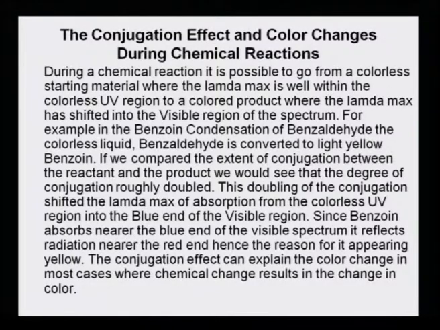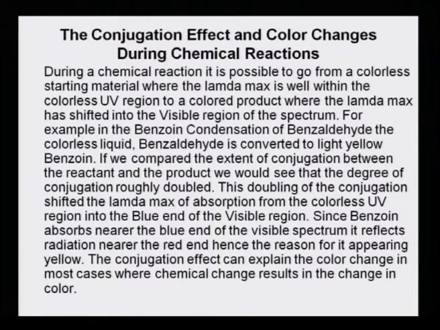Conjugation effect and color changes during chemical reaction. It is the beauty that both visible as well as UV regions are ascertained by the same machine. So, during a chemical reaction, it is possible to go from a colorless starting material, where the lambda max is well within the colorless UV region, to a colored product where the lambda max has shifted to the visible region of the spectrum.